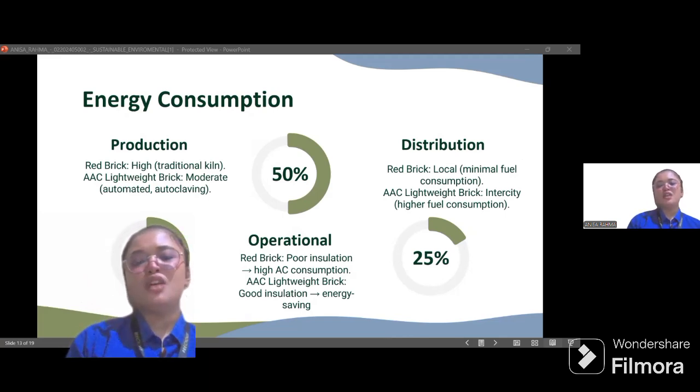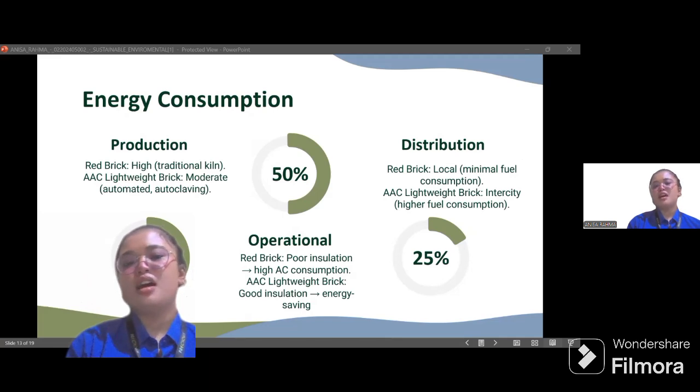To maintain indoor comfort, the use of air conditioning becomes essential. This leads to high electricity consumption for air conditioning operation, contributing to high energy consumption during the building's operational phase.